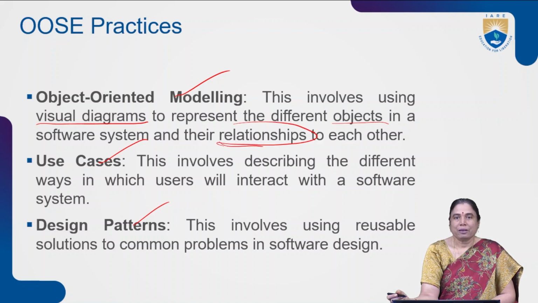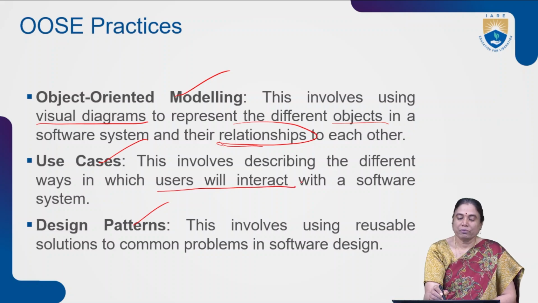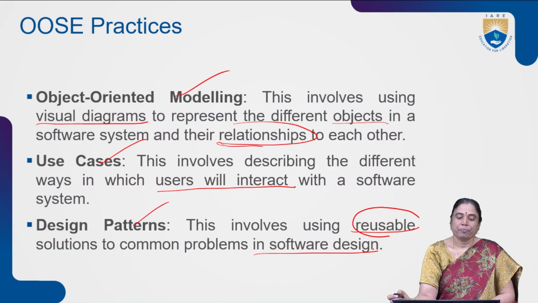Use cases serve as the basic element generally used to represent the features of the software, and in the use case diagram, various users or stakeholders interact with the designed system. This involves describing different ways in which users will interact with a software system. Design patterns involve using reusable solutions to common problems in software design.